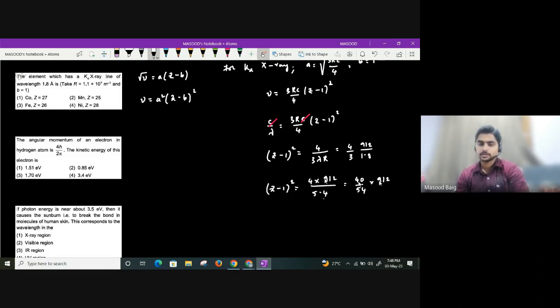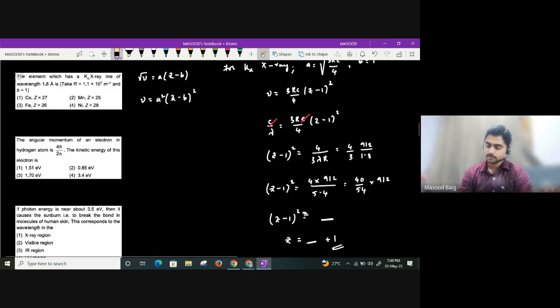18 into 4 will be 3200 again. The square root of 3200 may be near about 25 or something like that, guys. 25, 27 maybe. So you can solve for that. So Z minus 1 whole square, you will get some value, and from that the Z value will be that value plus 1. Or you can add one more step here.